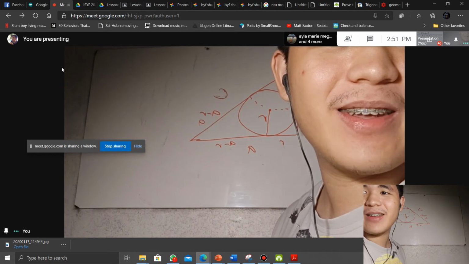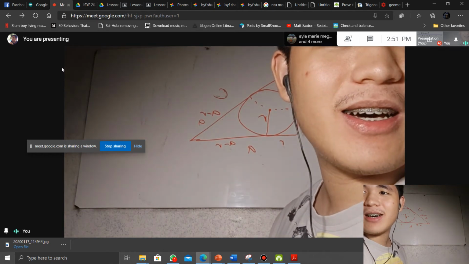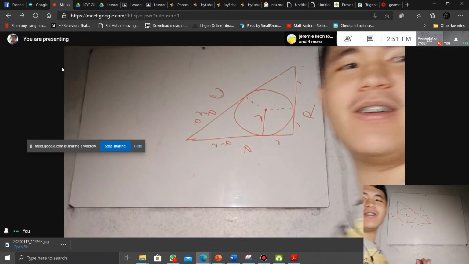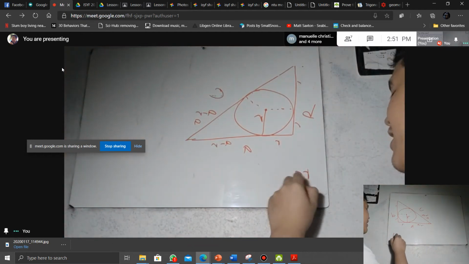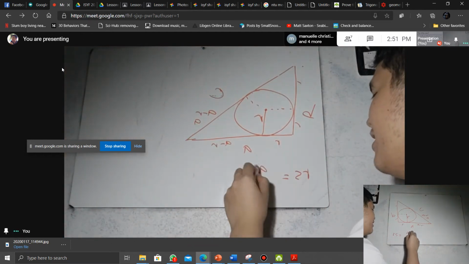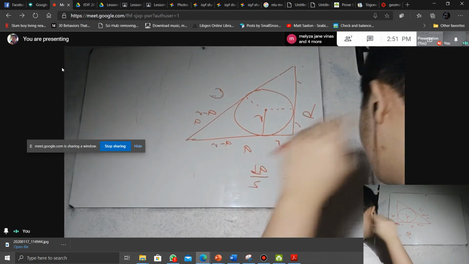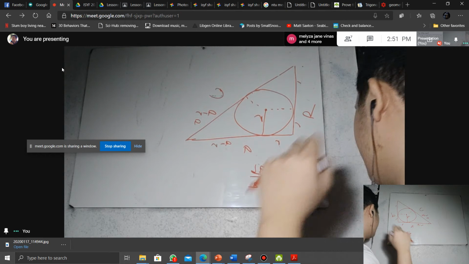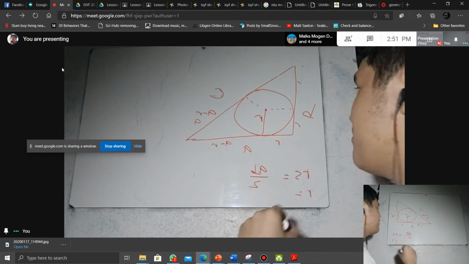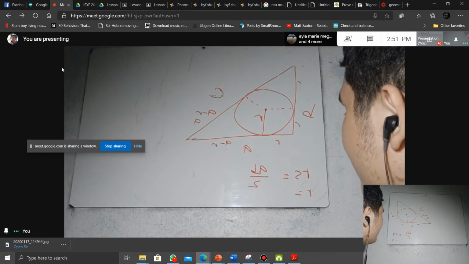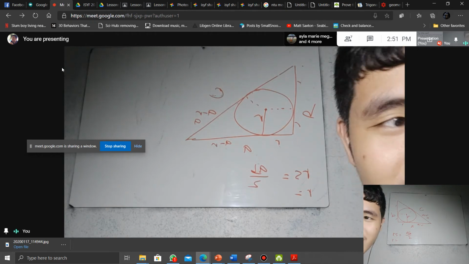Area over perimeter. R, RS, no? RS equals AB over 2. R equals... I'm looking for... yes, tama yan, sige, pero there's another way eh.